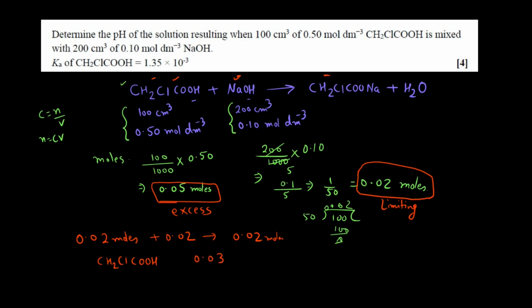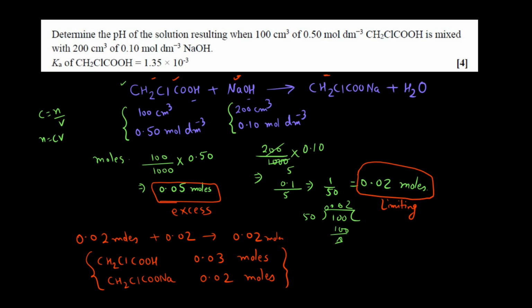So we subtract 0.05 minus 0.02. So this many moles will be left after the chloroacetic acid reacts with sodium hydroxide. And what are the moles of the salt produced after the reaction? That will be 0.02 moles. So these are the two things that will be left after the reaction.